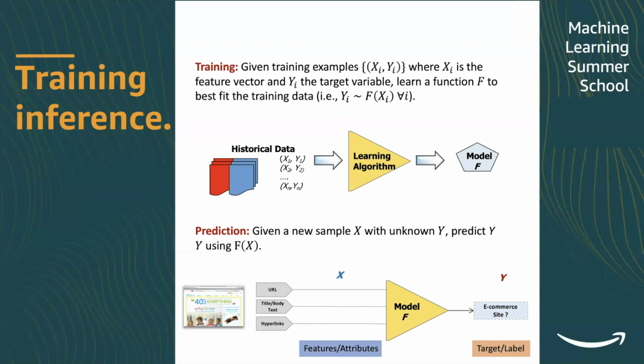And you will see in later lectures that when you move to deep networks and things like that, you no longer handcraft these features, but you'd rather learn them from the raw data itself. But even then, irrespective of what method or algorithm you use, you will always need to encode it into a numerical vector that contains that information. And this is what X here represents. It's the features or the attributes. It could be raw data like pixels of an image. Nevertheless, it's a numerical representation of your input.